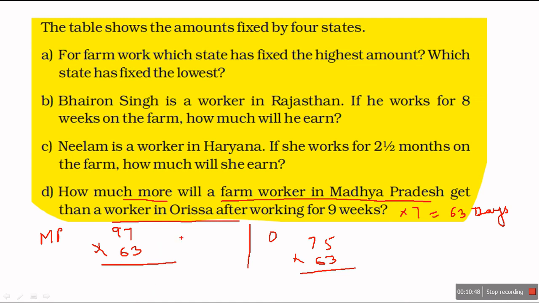Okay, so this will be more, this will be less. How much less? You multiply and subtract the salary of MP, Madhya Pradesh for 9 weeks and the salary of Orissa for 9 weeks. This answer minus this answer. And write to me in the comment box what the difference is.